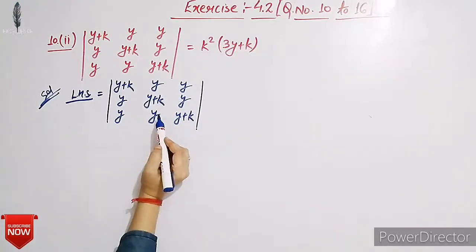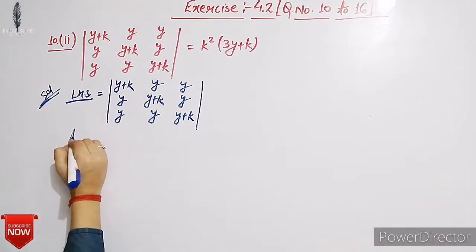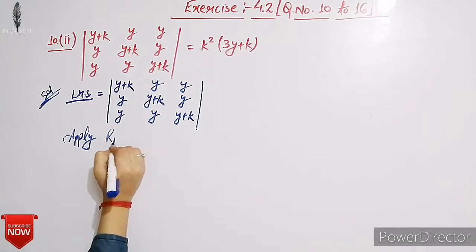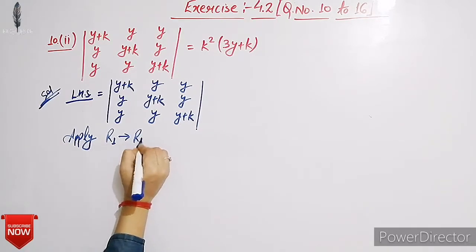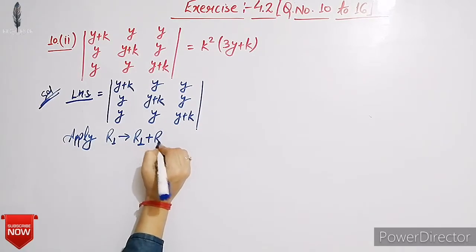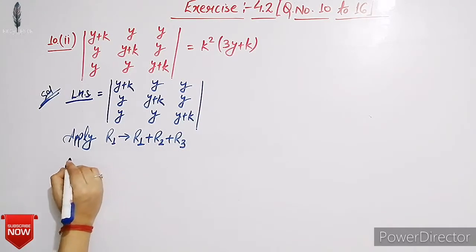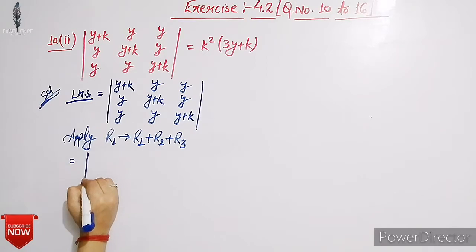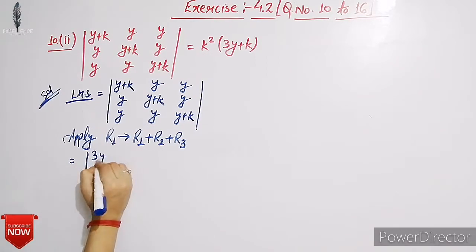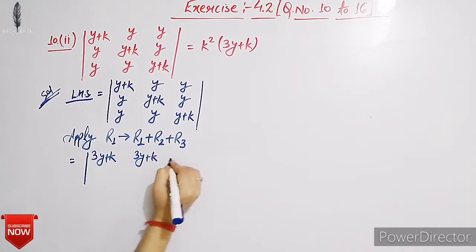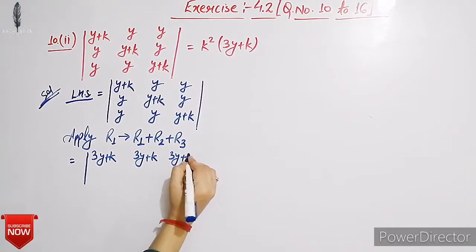Here also we get the same value if we add the R1, R2 and R3. So applying the operation R1 is such that R1 plus R2 plus R3. Then we get it is equals to here 3y plus k, 3y plus k and here also 3y plus k.